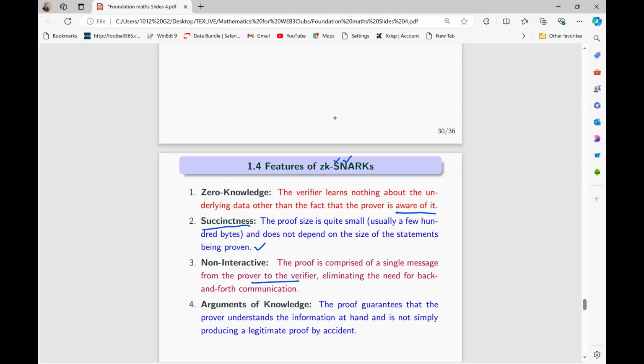Then argument of knowledge. The proof guarantees that the prover understands the information at hand and is not simply producing proofs by chance. So you can prove by chance.